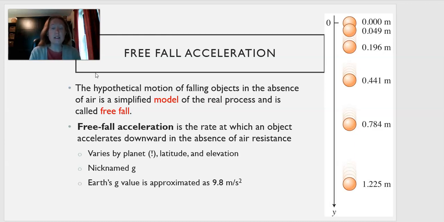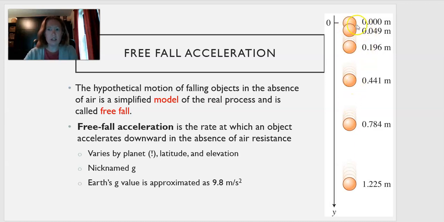And so the magnitude of acceleration that falling objects feel is given a nickname. It's given g, and here on Earth that is an average value of 9.8 or 9.80 or 9.81. On the right-hand side of this slide, you can see how if we were drawing a motion diagram, one of those breadcrumb diagrams, as the object falls, it's speeding up.